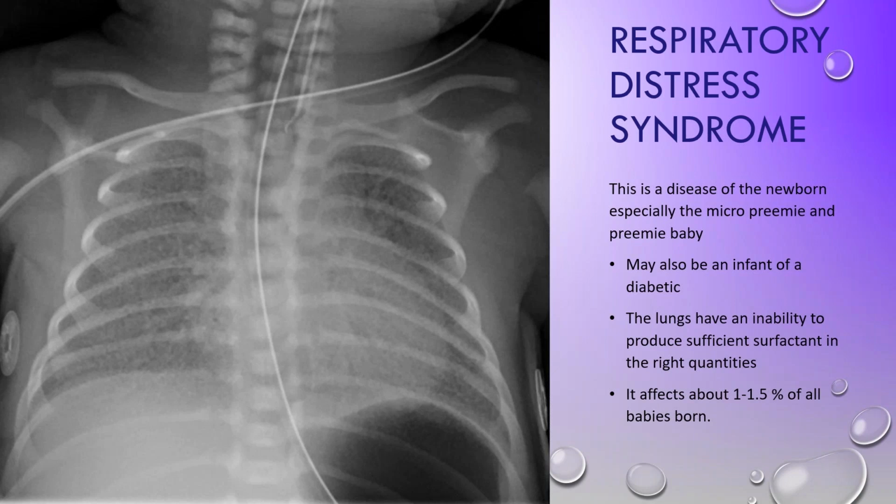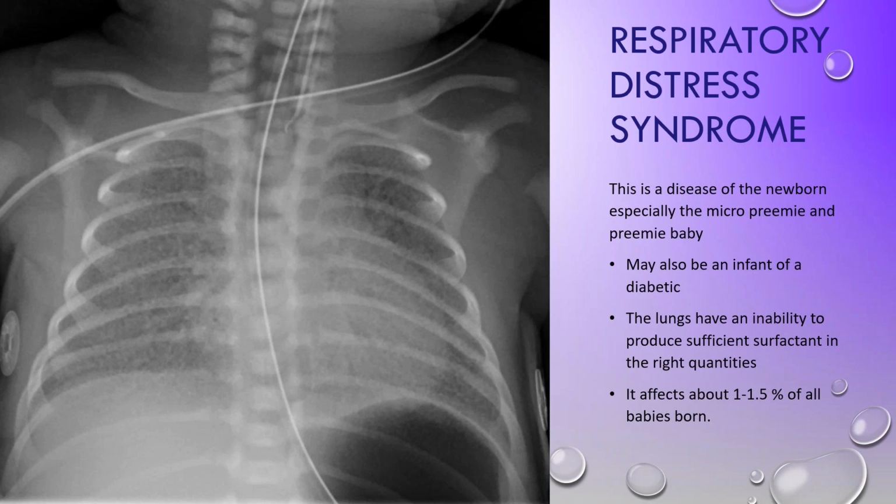So this is a disease of the newborn, especially of the microprem and the preemie, but it doesn't mean that the term baby doesn't get it. They do actually present with it. And we have to be very careful with these babies when we look at it.